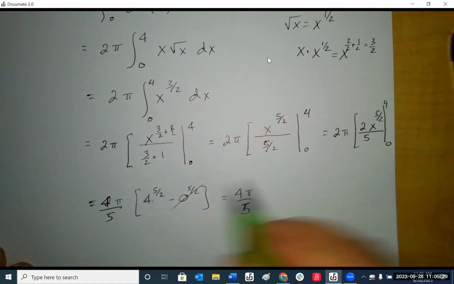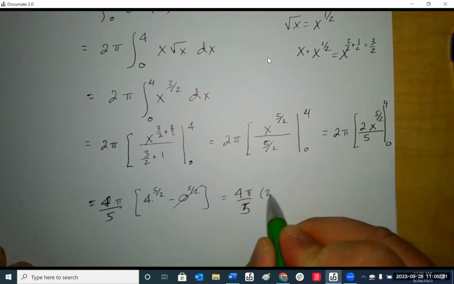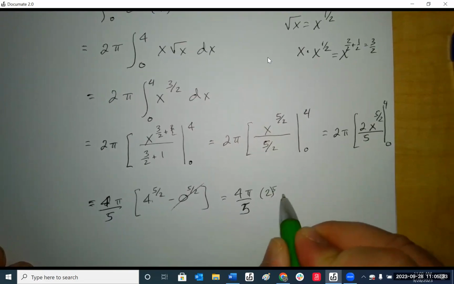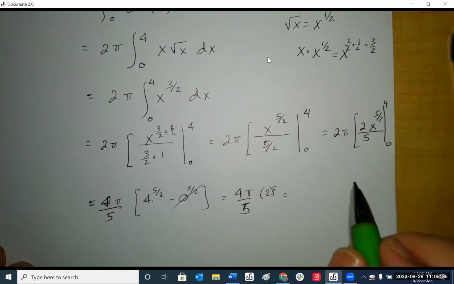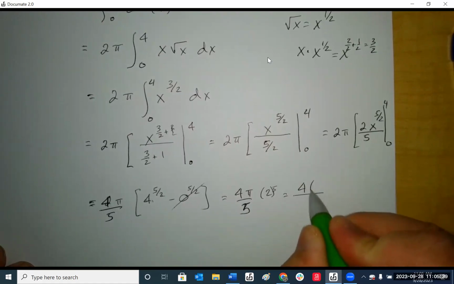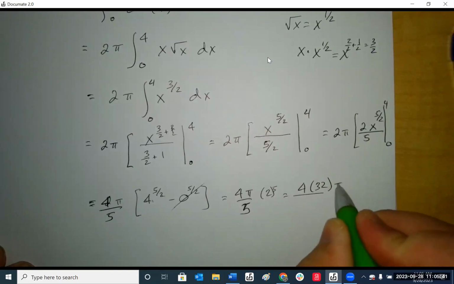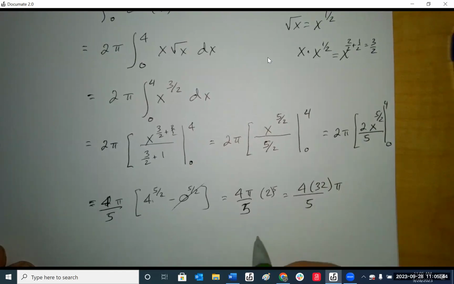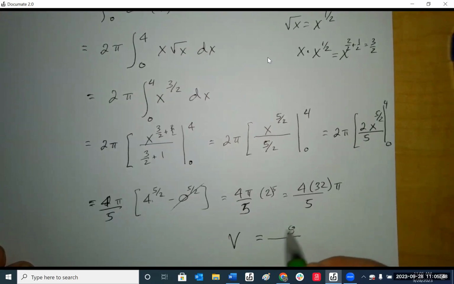Square root of 4 is 2, so we have 2 to the 5th: 2, 4, 8, 16, 32. So 4 times 32 pi over 5 is equal to 128 pi over 5.